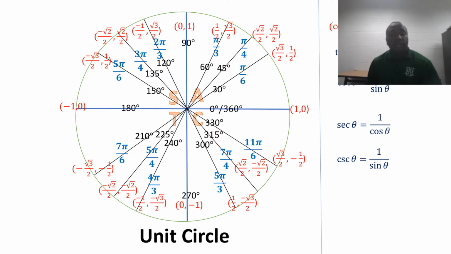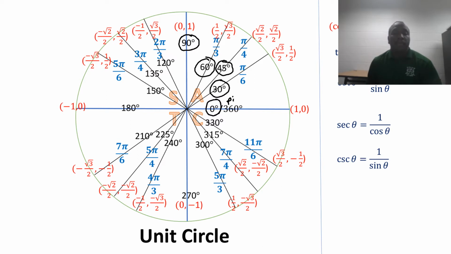Okay, so the first thing that we notice is that we have in the first quadrant 0, 30, 45, 60, and 90. Notice here there are 5 of them. So 1, 2, 3, 4, 5. So let's say that we associated each one with a particular finger.